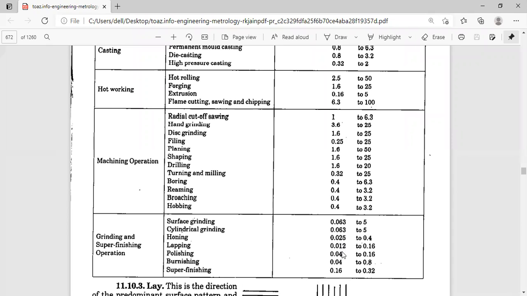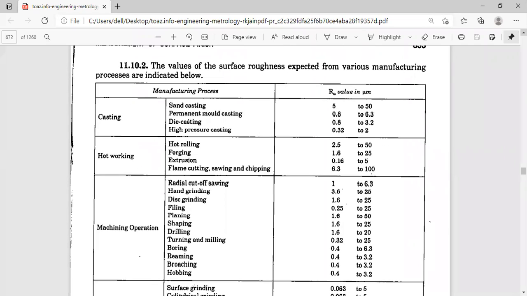Polishing and burnishing: the range for polishing is 0.04 to 0.16, and for burnishing it is 0.04 to 0.8. Super finishing is 0.16 to 0.32. So just try to understand this, because these are the surface roughness values we can expect from various manufacturing processes or different production methods.